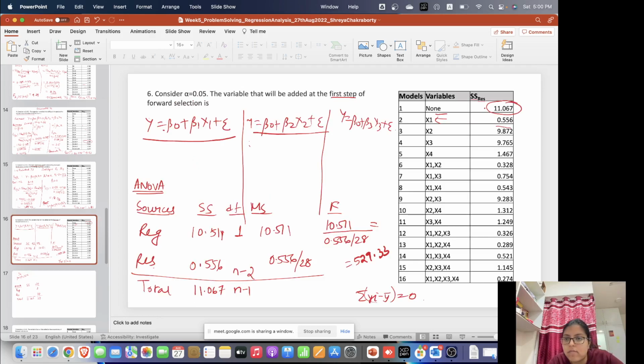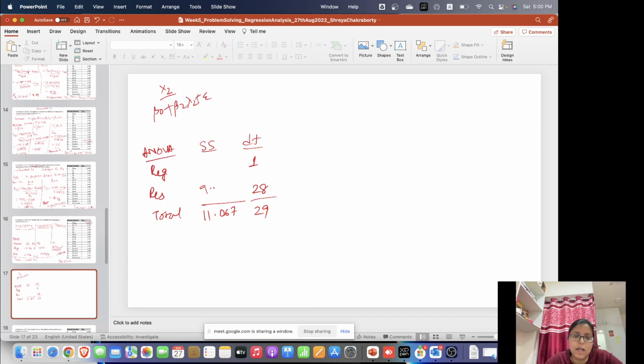This one is due to x2, so 9.872, and this one would be just 1.195, and the F statistic would be 9.872 by 1 over 1.195 by 28. This is something like 3.389.